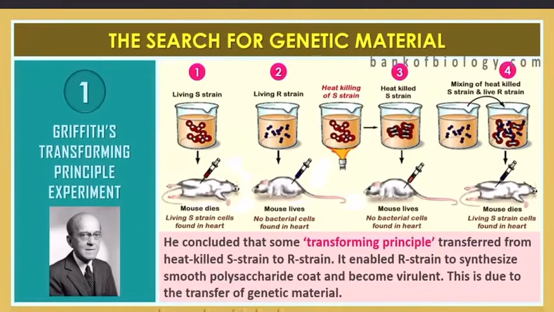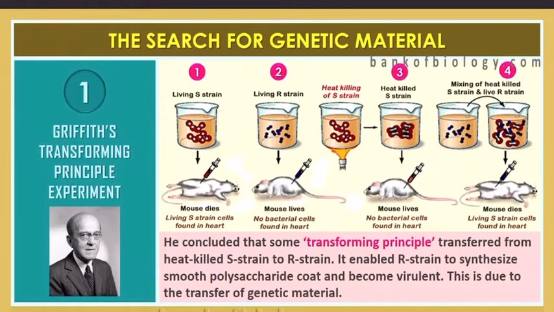That's why it is called Griffith's transforming principle. So based on the experiment that he has conducted, he concluded that some transforming principle transferred from heat killed S strain to R strain. It enabled R strain to synthesize smooth polysaccharide coat and become virulent. This is due to transfer of genetic material.